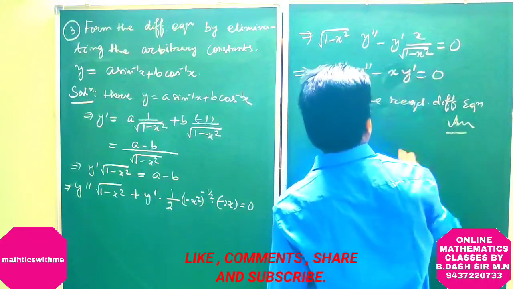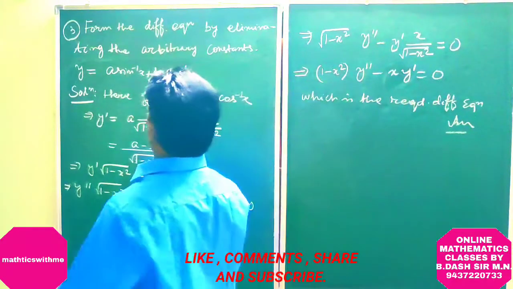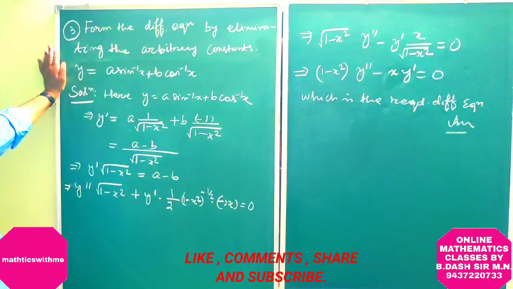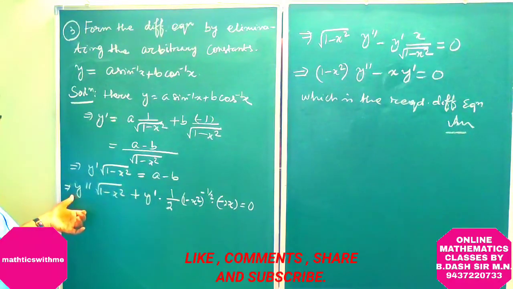Our question is: form the differential equation by eliminating the arbitrary constants, y is equal to a sin inverse x plus b cos inverse x. Here y is equal to a sin inverse x plus b cos inverse x. Differentiating, we get after simplification y dash into square root of 1 minus x square is equal to a minus b.